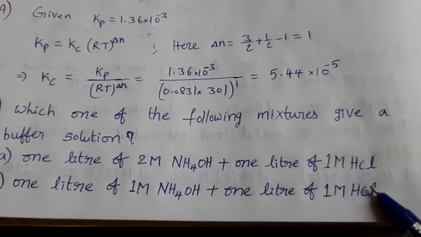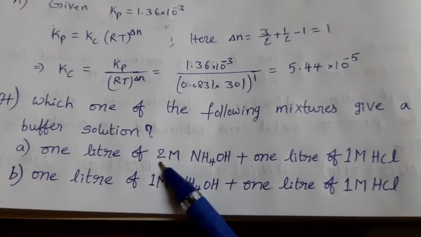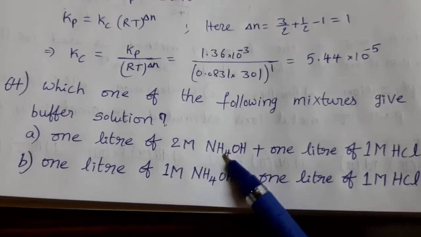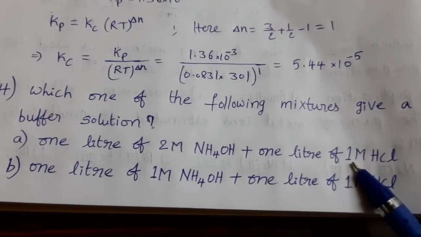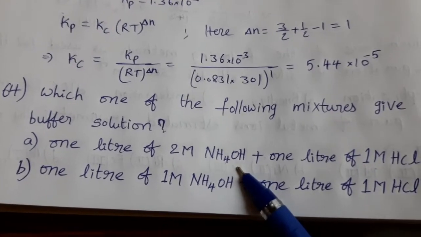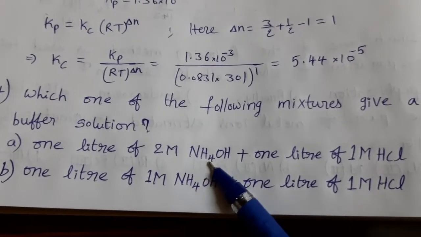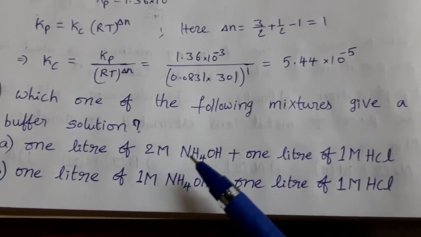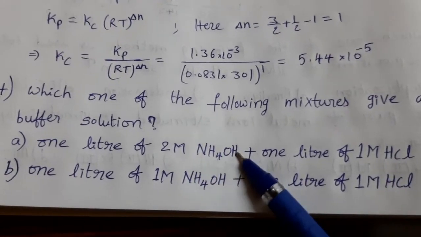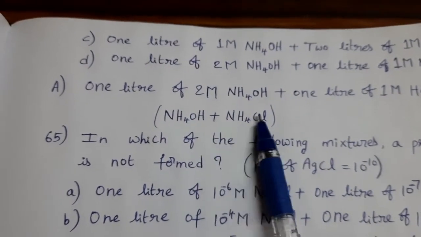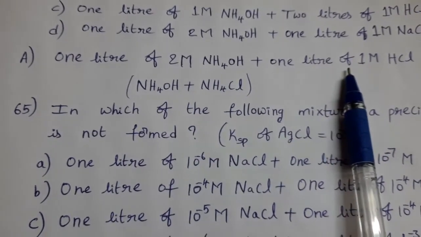It is a weak base and a strong acid, its molarity is more and its molarity is less. So 1 molar of this compound is neutralized by 1 molar of the other. Then 1 molar of NH4OH remains in the mixture, and when neutralized we get NH4Cl. Finally, in the mixture, we have NH4OH plus NH4Cl. So option A forms a buffer solution.